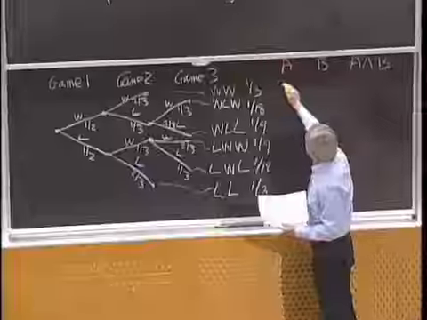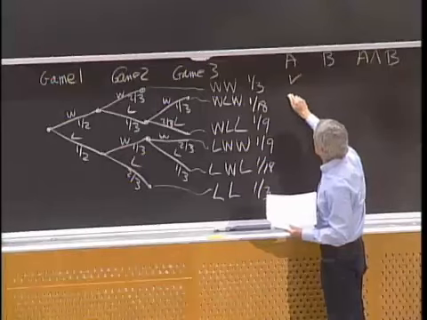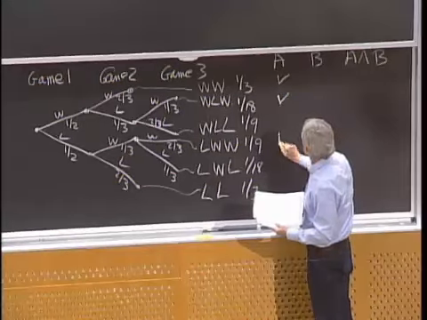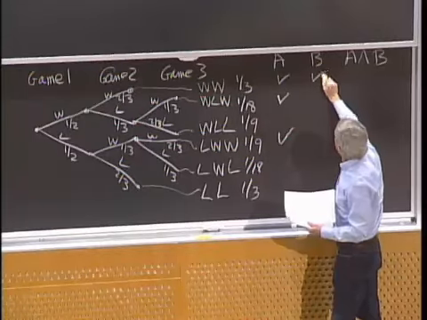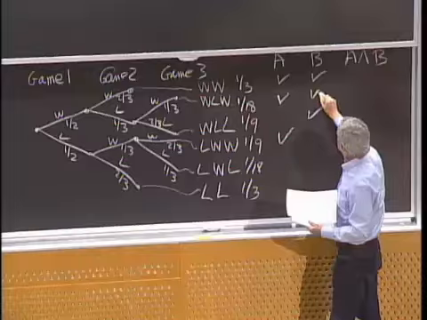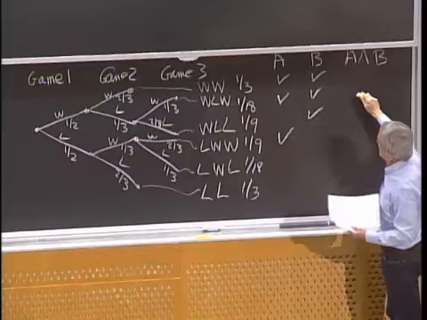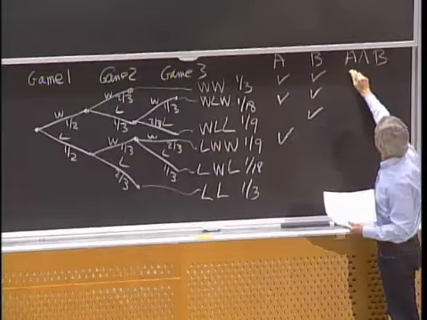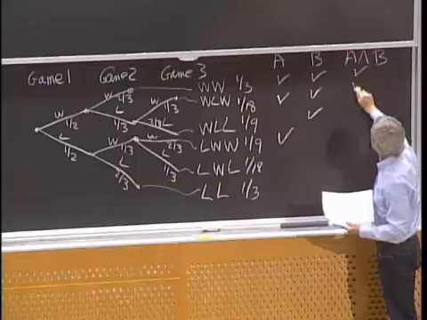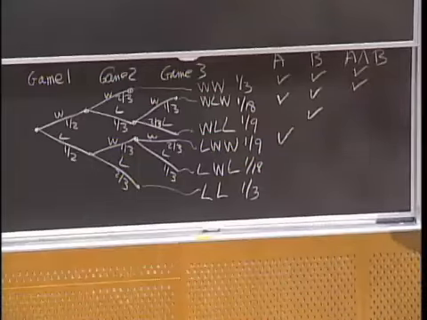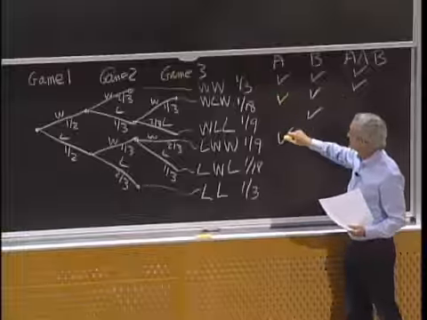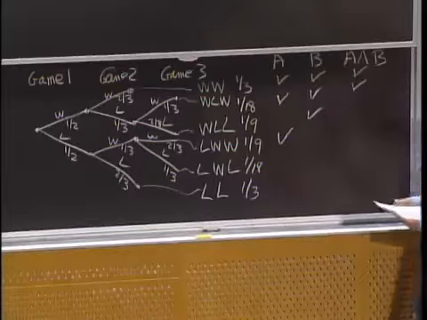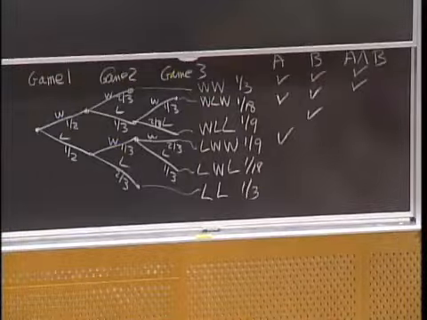Now, this sample point qualifies, that one does, and this one. B is the event we won the first game, and that's these 3 sample points. And then A intersect B is these 2. So for each event that I care about, I figure out which sample points are in that event. And now I just add the probabilities up.